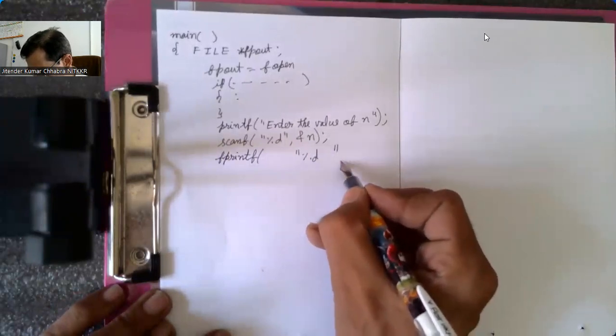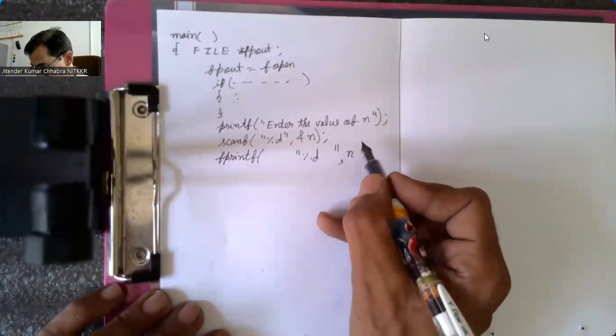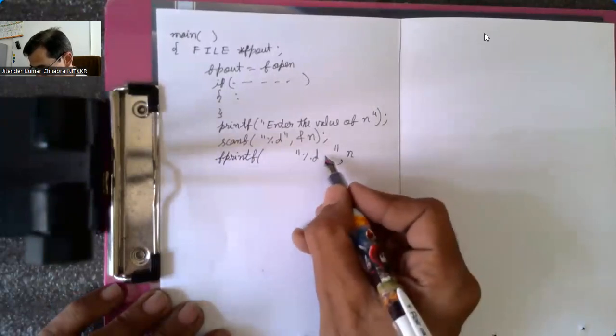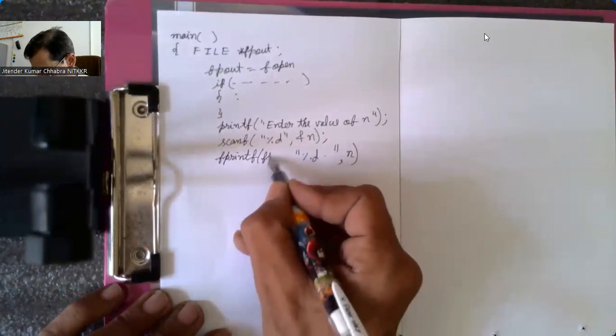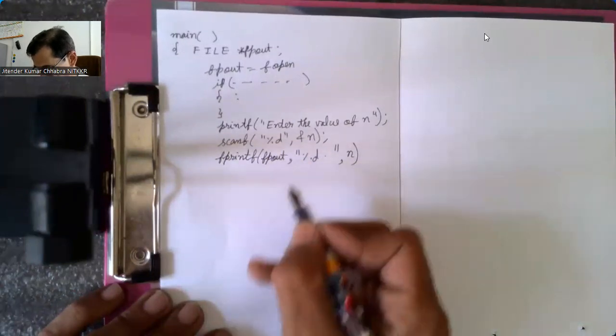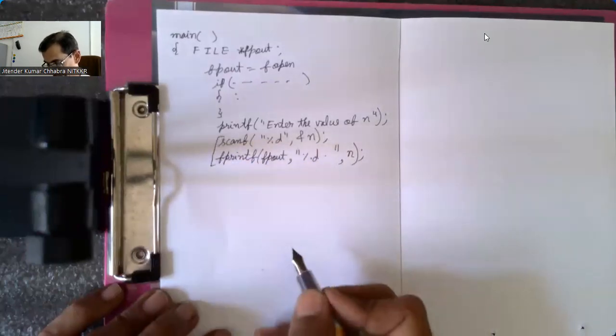One blank in between you will write, so that the value 8 is separated from the next value 23, etc. This was a printf statement. If you want to use fprintf, the file pointer will be written. Done.